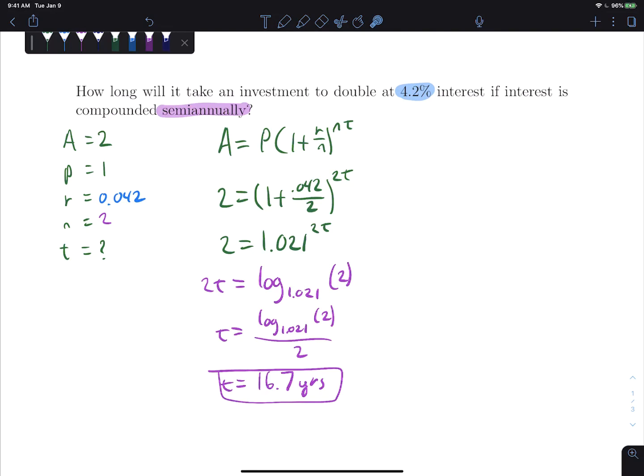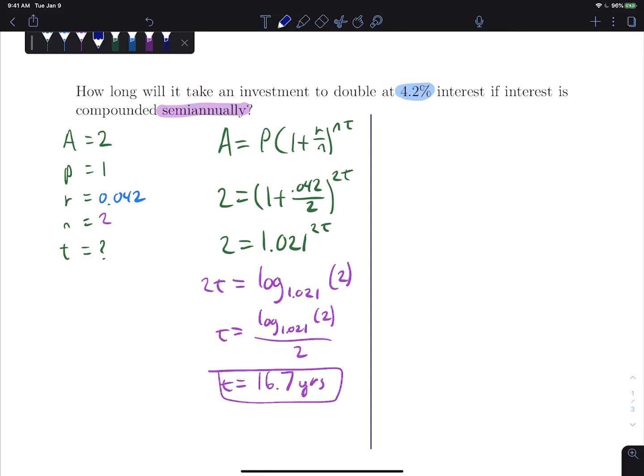Now, this is actually very helpful for us because this is very much related to how long it takes for prices to double in an economy. Because in an economy, we have inflation, right? So what I want to do is talk about inflation as it is right now in the US.